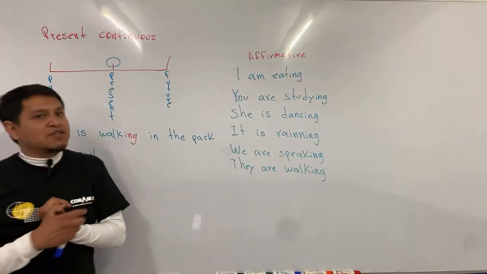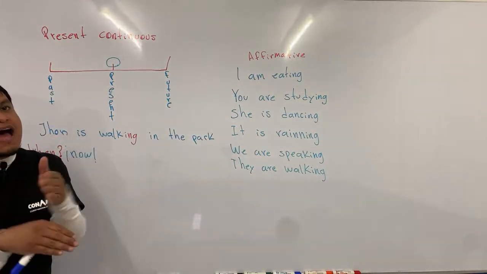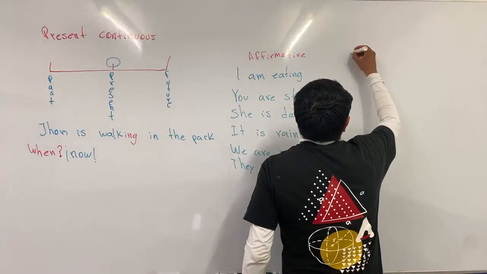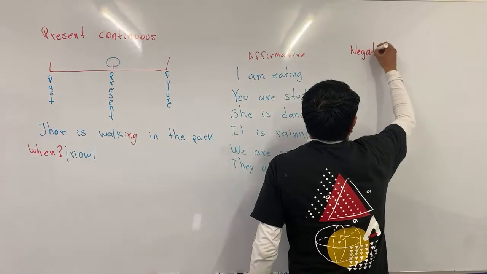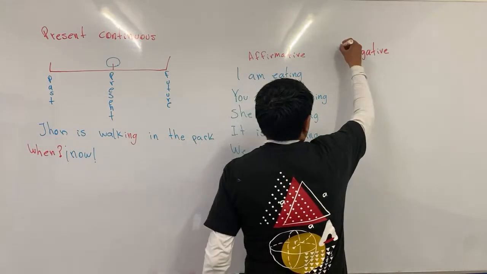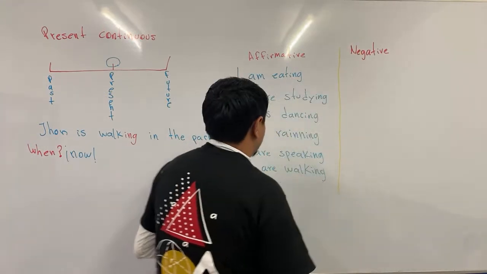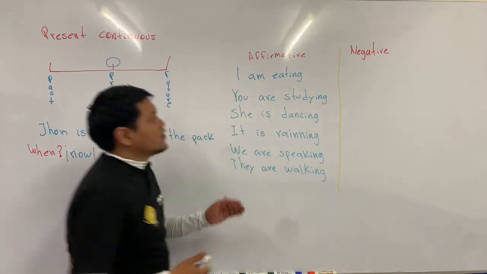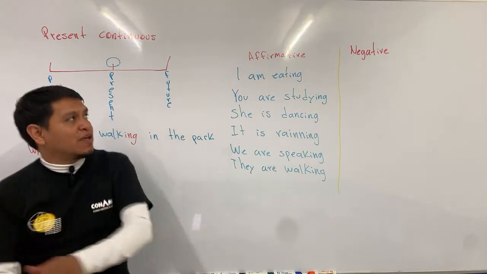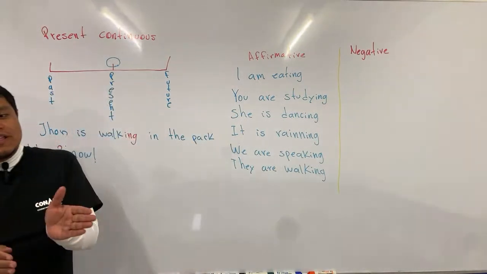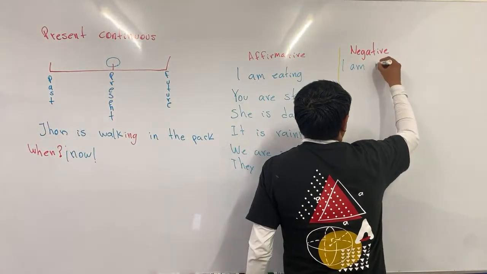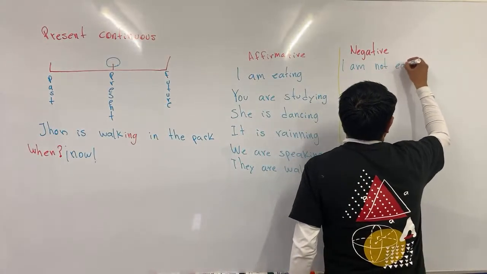Now, for negative, just add the negative not after the verb to be. Repeat. Just add not after the verb to be. In that case, I'm not eating, right? I'm not eating.